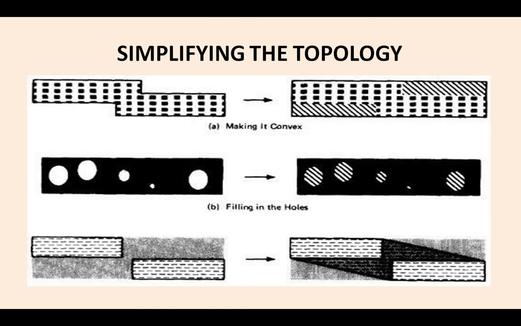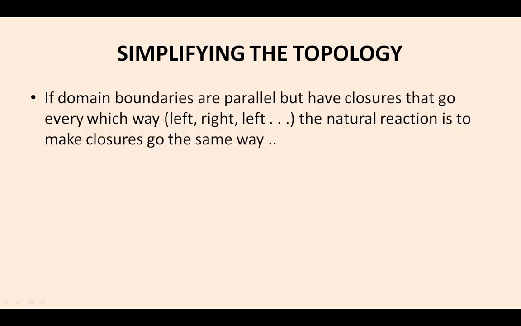Okay, it's irregular; they make it regular, making the concave convex, and the next one, filling up the holes like this, and joining two different things like this. Disjoint things can be joined like this. So these are the right things they can do by simplifying the topology.